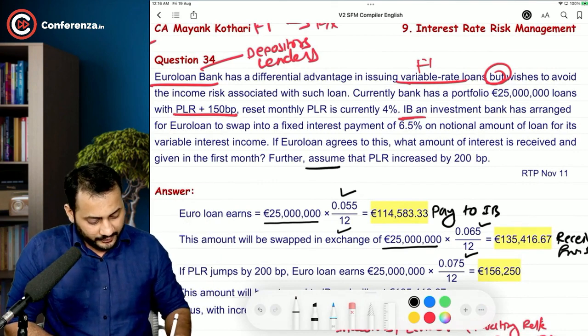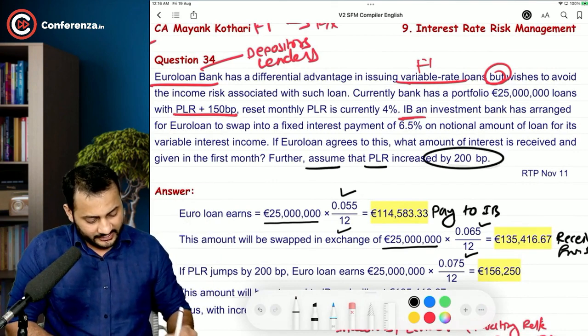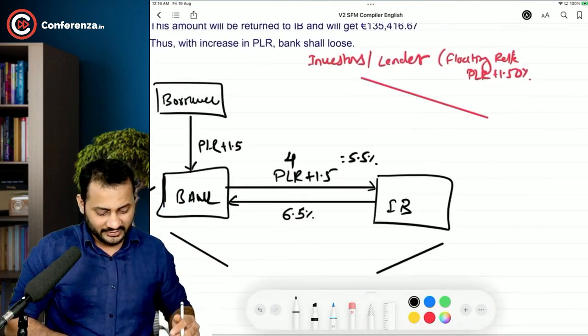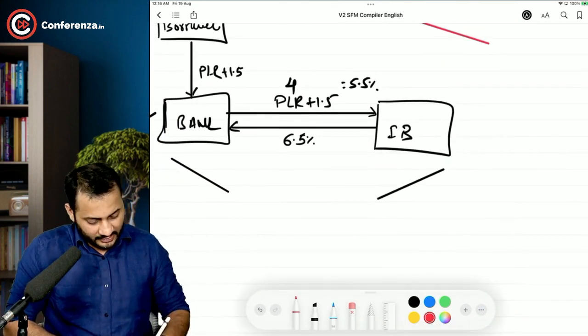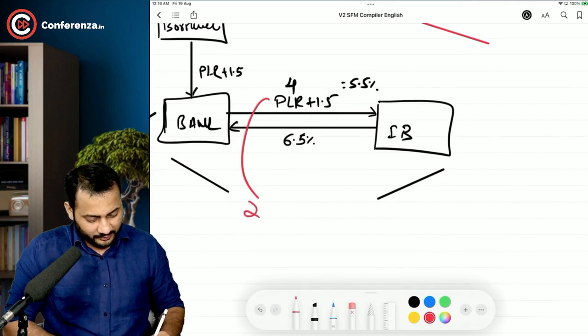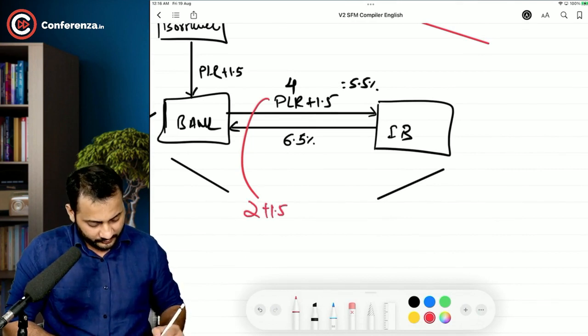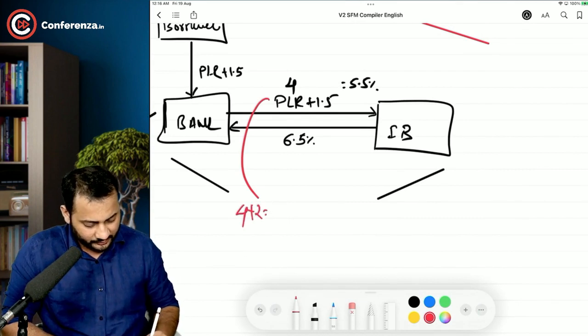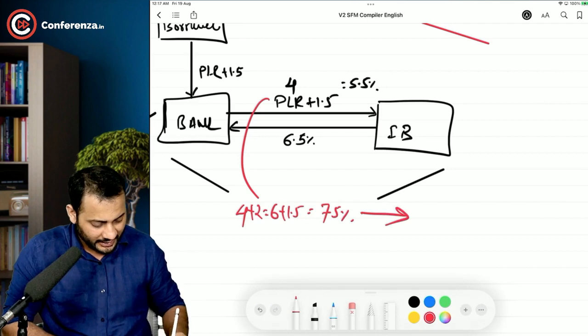further assume that PLR increased by 200 basis points. If the PLR increases by 200 basis points, what will happen, sir? Right now it is 4, it will become 6. So 6 plus 1.5, that means we will have to pay 7.5%, and we will receive 6.5%.